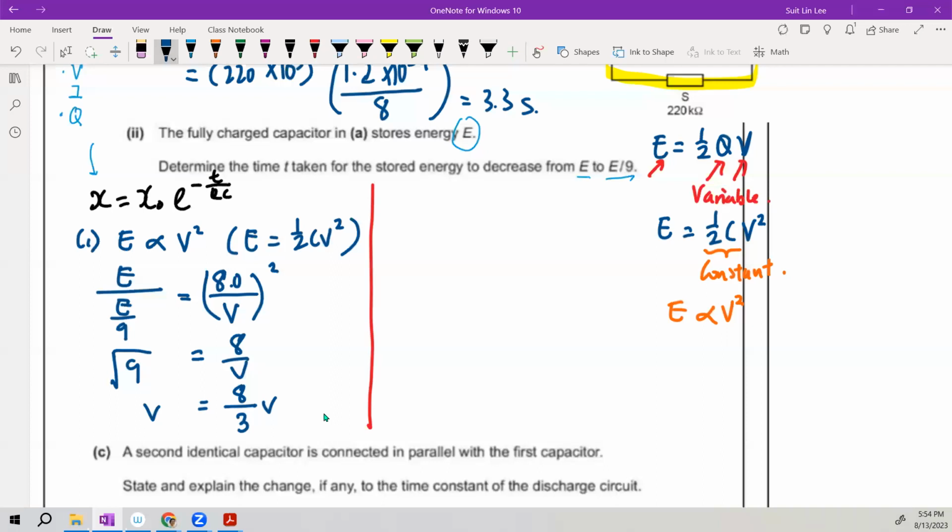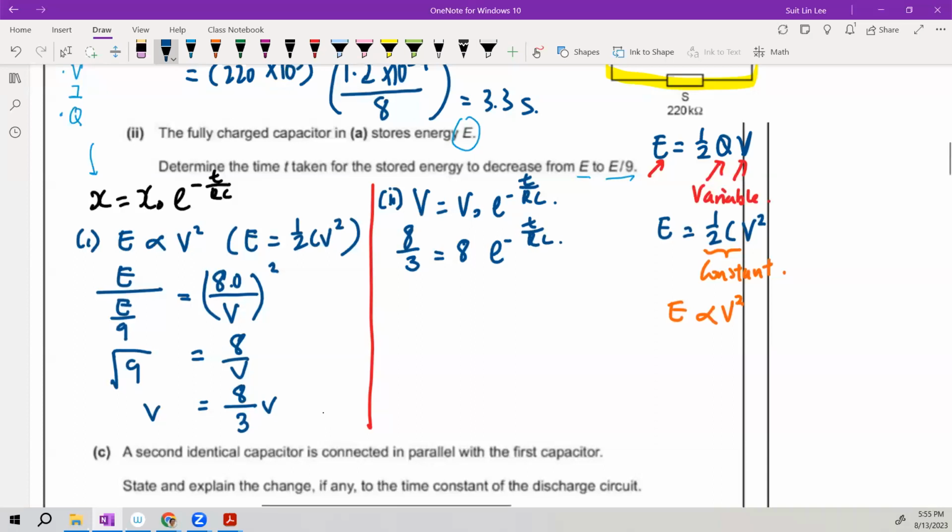Next, step 2. Then I use this equation, V is V naught e to the negative t over RC. So the V is 8 over 3, the V naught is 8, e to the negative t over RC. I'm going to keep it this way so I can cancel my 8. Or you can press the calculator also. So finally, I will have 1 over 3 is e to the negative t over RC.